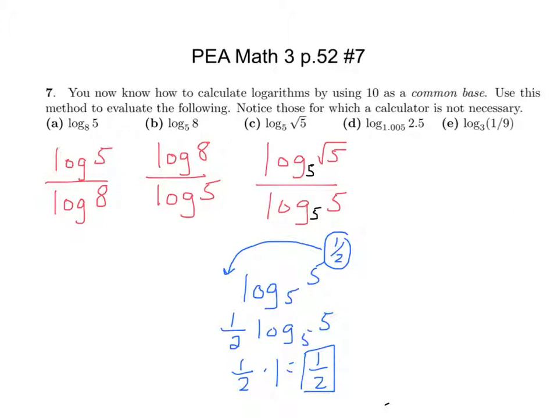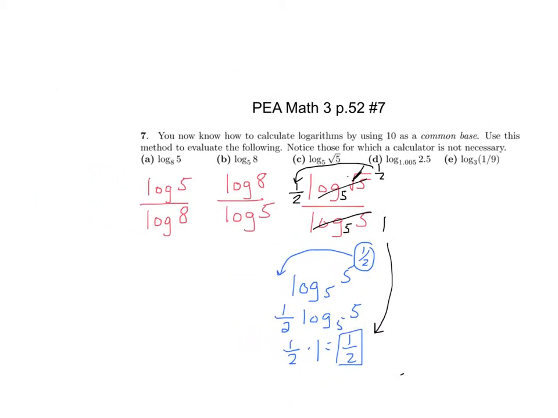And now, the denominator here, what's this equal to? 1. And then I could do the same thing we just did with Tom, take this and make it a 1/2 power, move it out in front. Log base 5 of 5 is 1. So it's 1/2 over 1, which is 1/2 again. So that will also work. Okay, so either way it's fine.